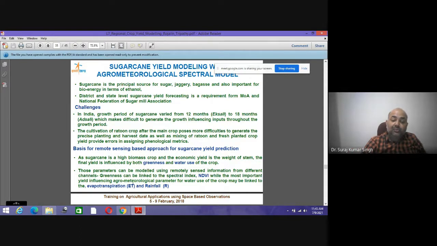Those parameters can be modeled using remote sensing based information, where we create the different greenness measures using spectral indices. Then we create the NDVI, which is important for getting the influencing factors, based on agrometeorological parameters for the water use, and the cropping pattern is linked with evapotranspiration and rainfall.